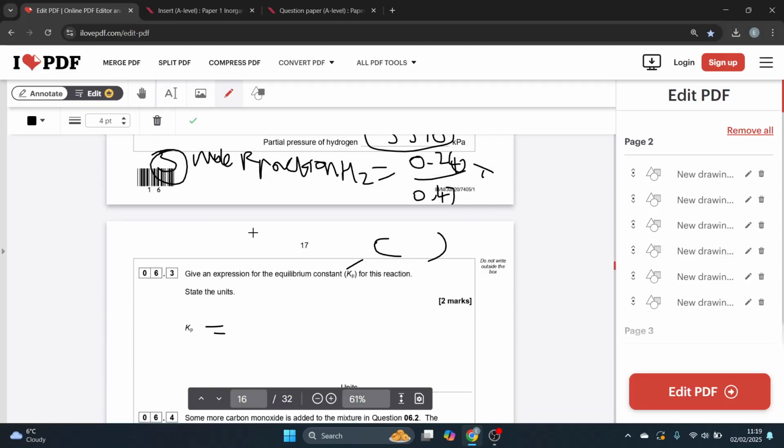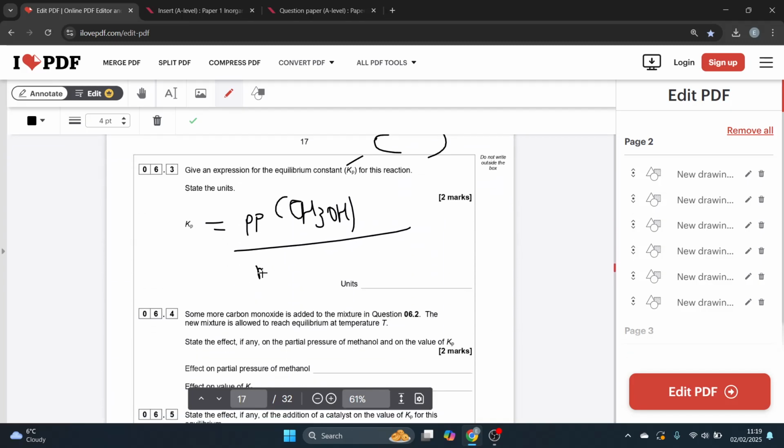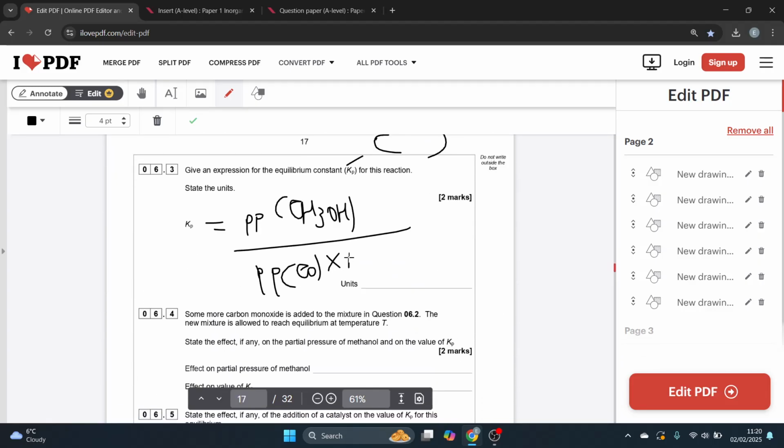So the partial pressure of methanol, CH3OH, divided by the partial pressure of carbon monoxide times by the partial pressure of hydrogen. But the key thing about hydrogen is we've got 2 moles of it, therefore it must be squared.